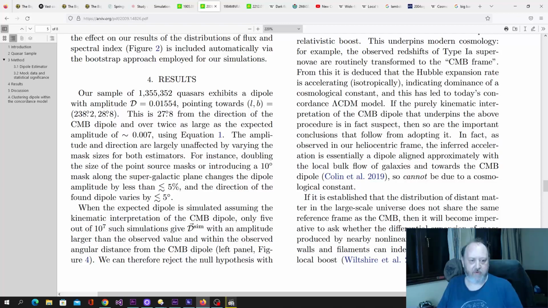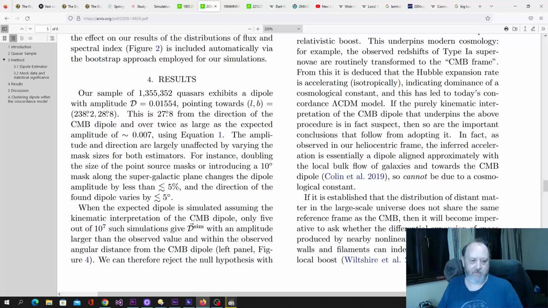The amplitude and the direction are largely unaffected by varying the mask sizes for both estimators. For instance, doubling the size of the point source mask or introducing a 10-degree mask along the supergalactic plane changes the dipole amplitude by less than 5%, and the direction of the found dipole varies by 5%.